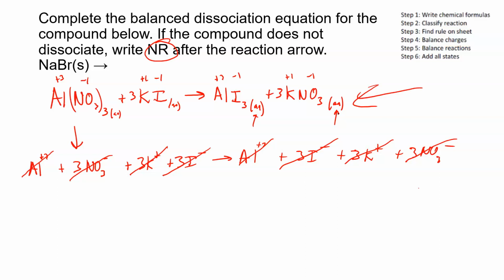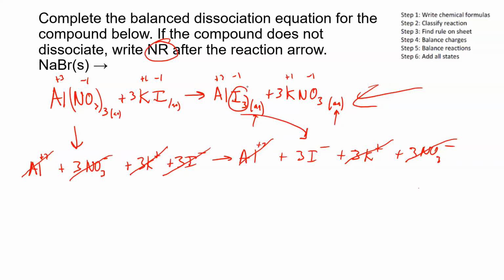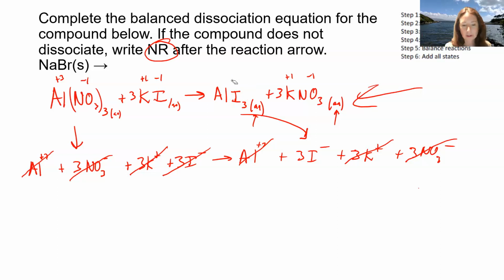Yeah, it just sometimes throws me off whenever I drop it down with the charges and then balancing it, how to write it sometimes. But yeah, like that AlI3 becomes 3 I. Yeah, and we'll learn this later. So this is 1 aluminum, and it has three I's attached to it.